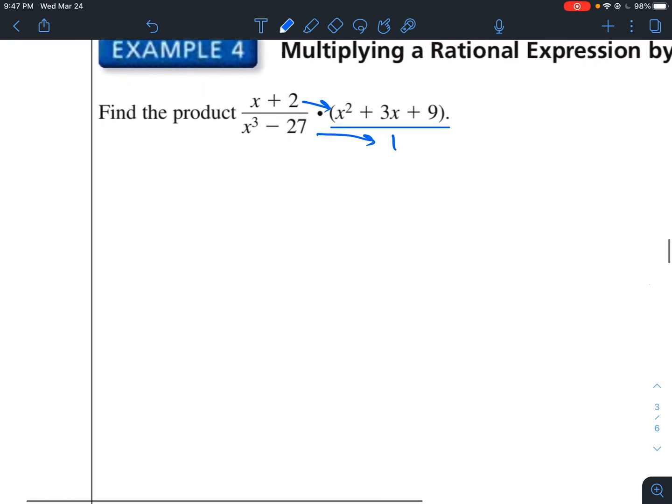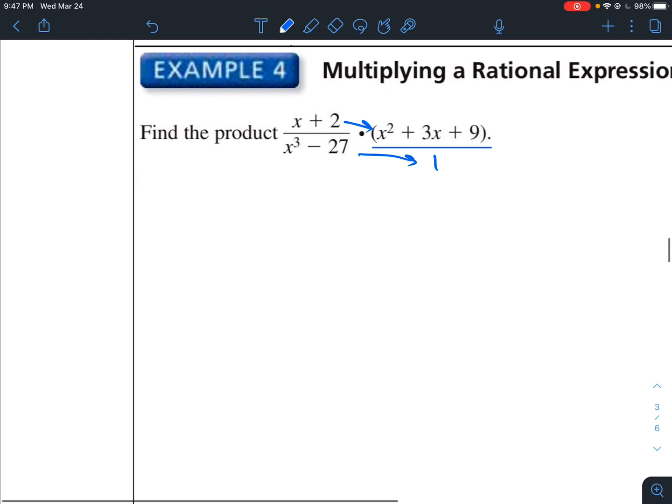But again, I'm going to factor first. Okay, so x plus 2 I can't factor, but x cubed minus 27 I can factor. So this is a property that I'm not sure if very many of you will remember, but it's the difference of cubes.